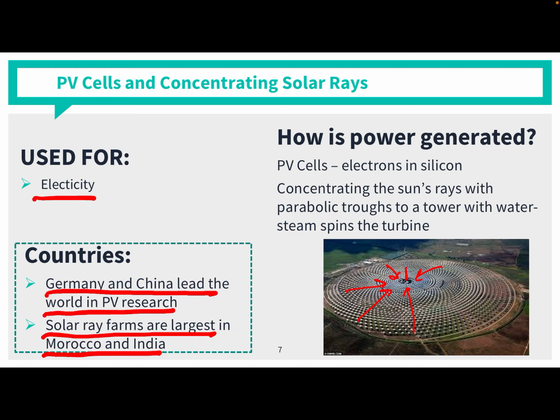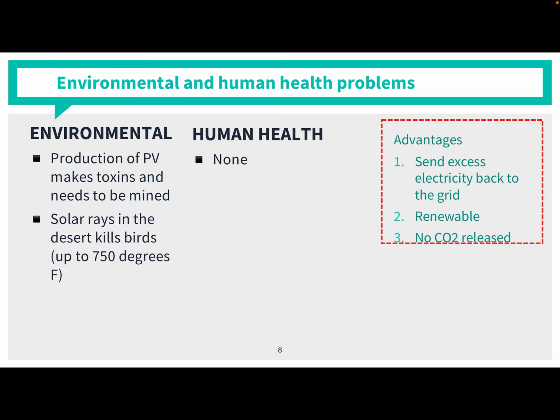Inside the tower is some sort of liquid, water or another liquid, that gets turned into steam, which turns a turbine, same process as we've seen. Now, the problem with these is all these little tiny mirrors cause an environmental problem in that they can kill birds because they make little laser beams of 750 degrees, and a bird that flies in front of it is basically incinerated and instantly killed.